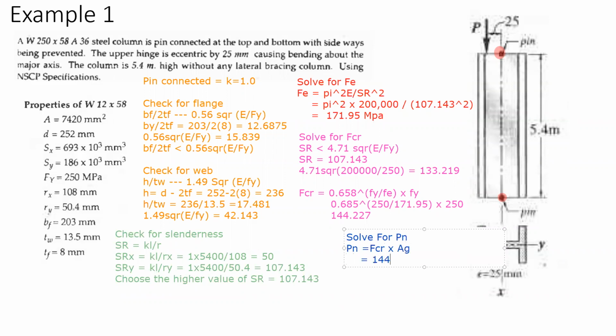FCR natin is 144.227. Area cross natin is given as 7,420 millimeters squared. So direct sub.